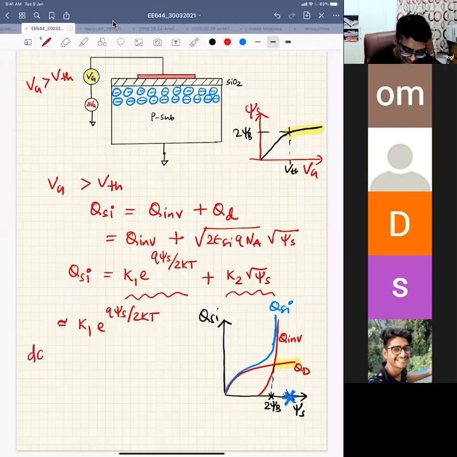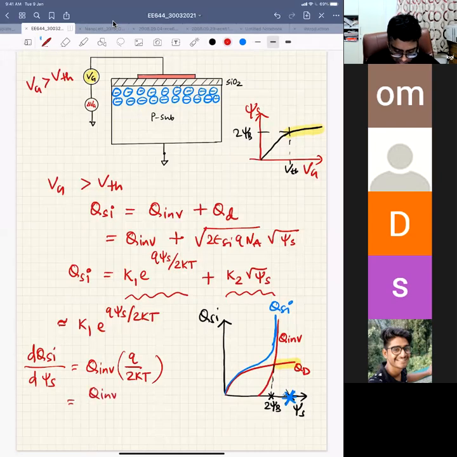If I now take the derivative of this, it will again be Q inversion times q by 2kT. So this is nothing but Q inversion divided by 2kT by q, right?